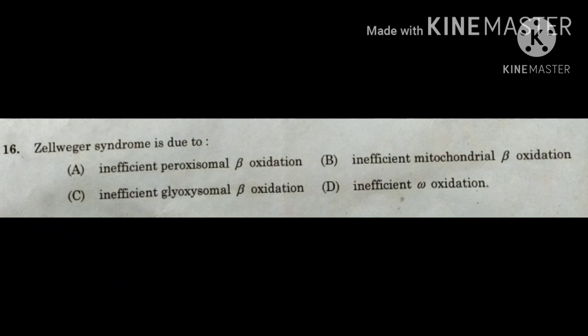The carbon atom which is present nearest to the carboxyl group is known as the alpha carbon, and the carbon atom just adjacent to the alpha carbon atom is known as the beta carbon atom, and the last carbon atom is known as the omega carbon.